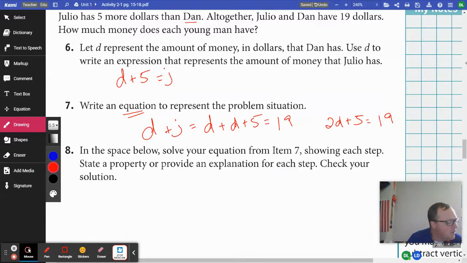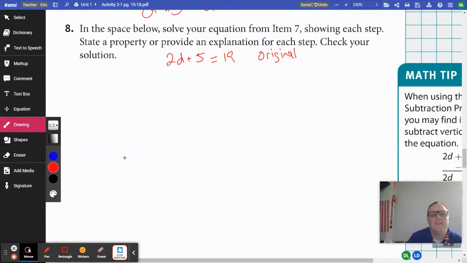State the property below, solve your equation for D. So you have 2D plus 5 equals 19. That is the original. You would then subtract 5 from both sides using the subtraction property of equality.